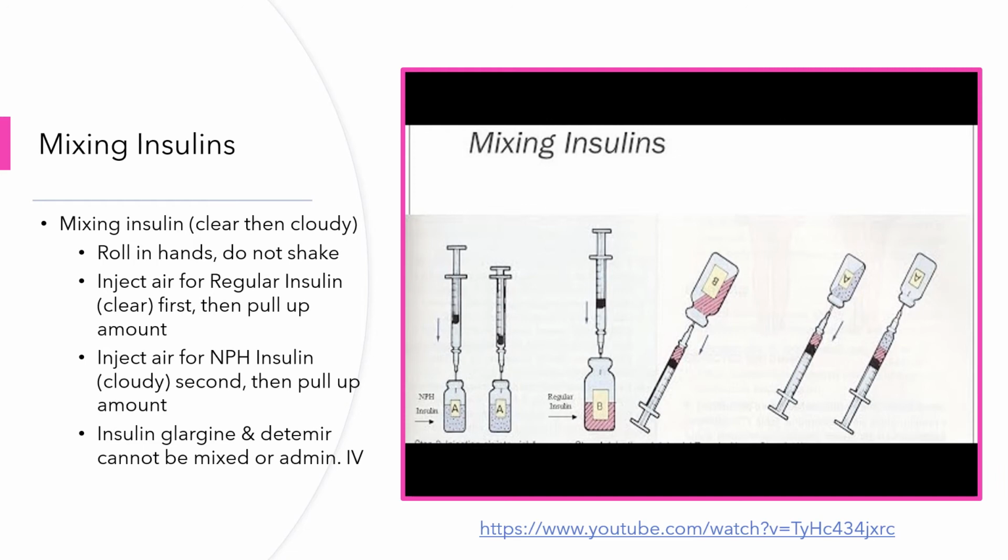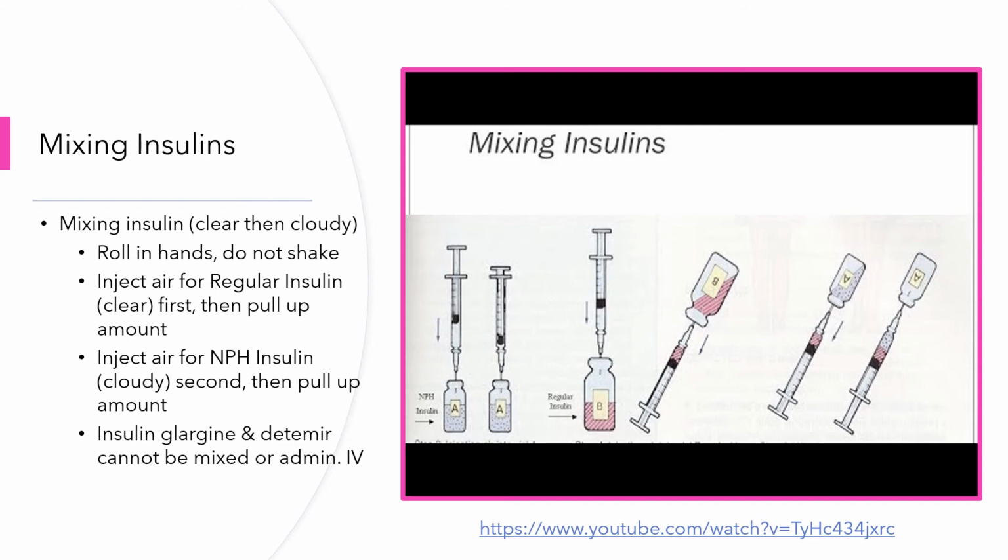But you have to do it a certain way. So not really a mnemonic, but the saying is clear to cloudy. So you have to pull up the clear one first and then the cloudy, because you don't want the cloudy to contaminate your other vial.